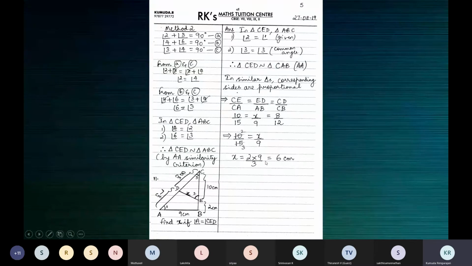Substitute, cross multiply and find the value of X. Isn't it simple, children? You don't have to revise anything. You just have to remember the similarity criteria, AA or AAA, SAS, SSS, and then name the triangles in the correct order. That's it.